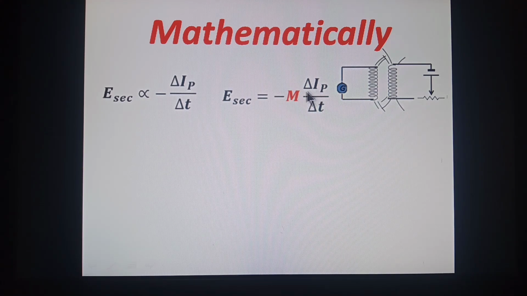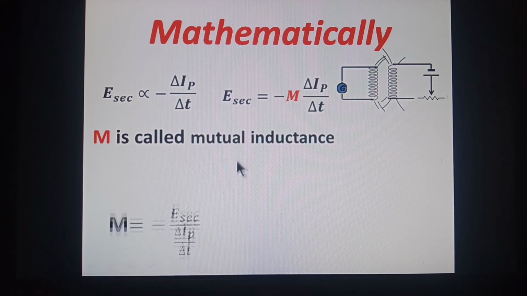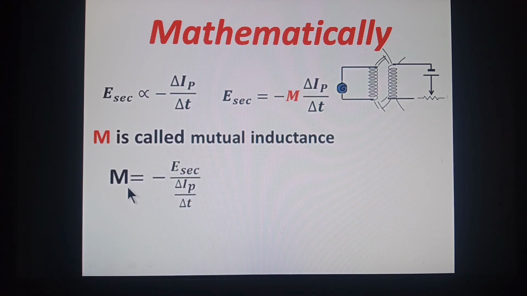M, I told you, is called mutual inductance. Now rearranging this equation, mutual inductance will be M equals minus the ratio of the voltage in the secondary over the rate of change of current in the primary. We just rearranged this equation, taking delta IP over delta T to the other side.